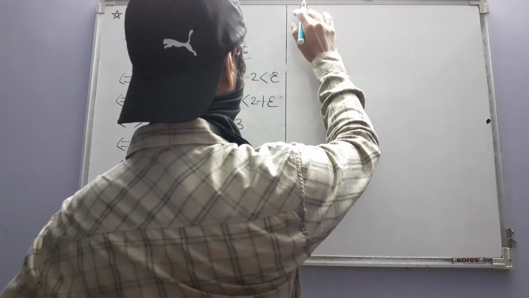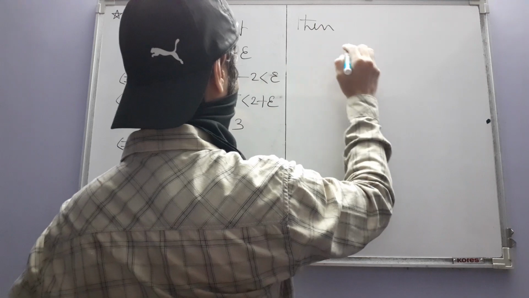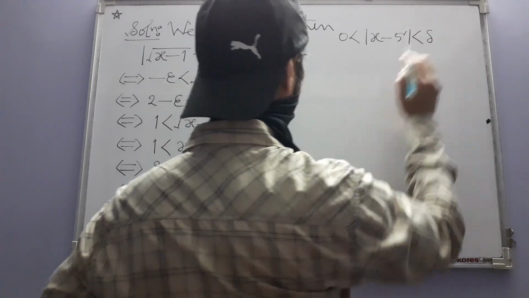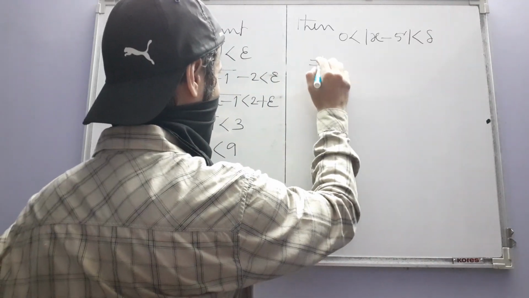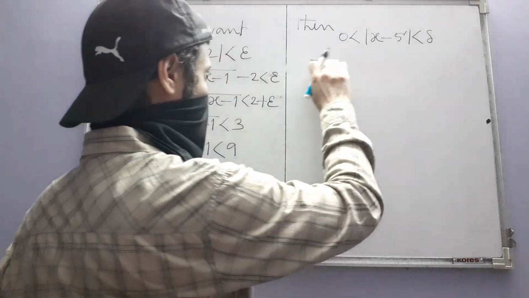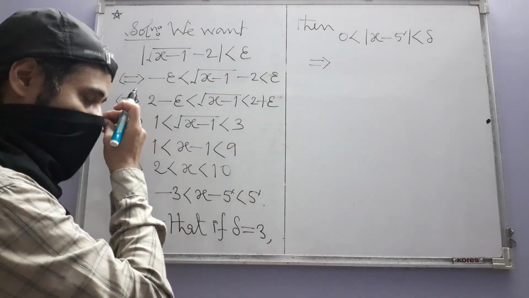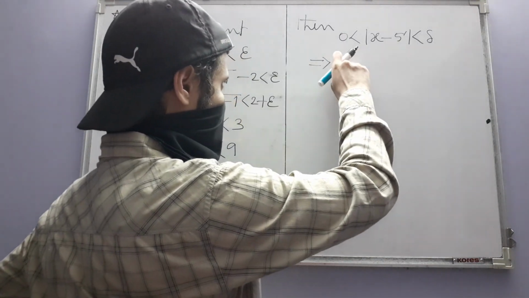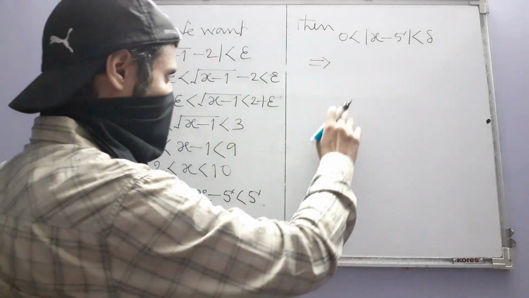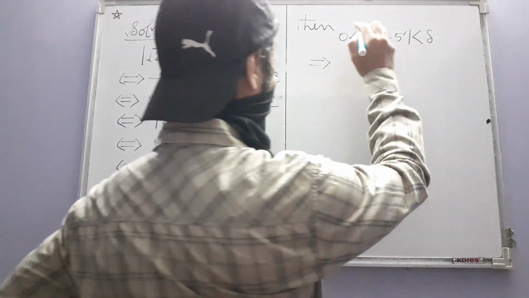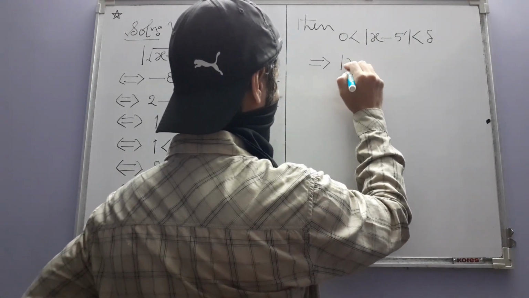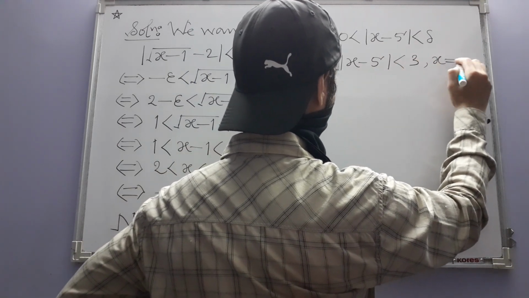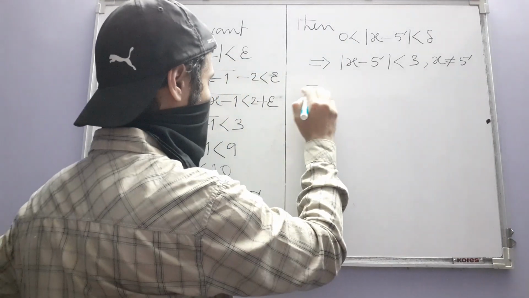If delta is 3, then what do we get from these inequalities? This implies, you see, this time we need not write equivalence, because that's not what the definition demands. The definition demands that starting from these inequalities, we have to get something. Okay, we need not go back from that thing to this. And along with that, x is not equal to 5.